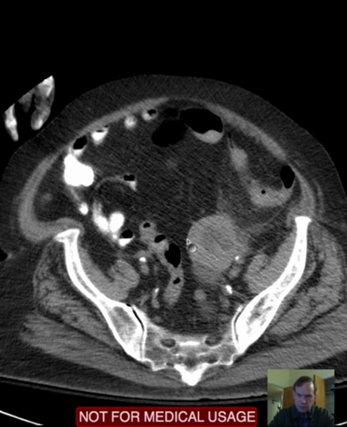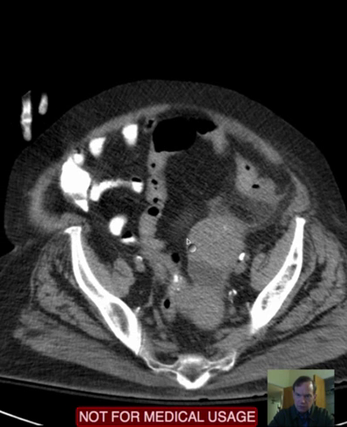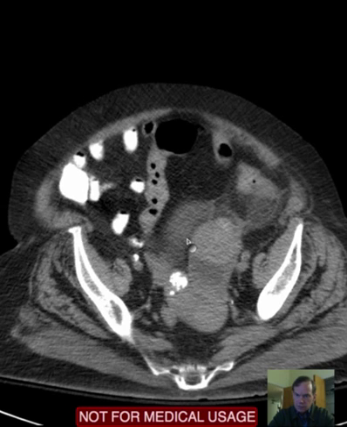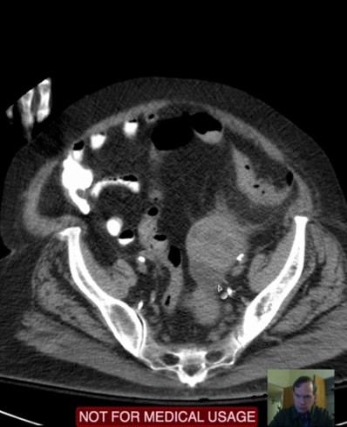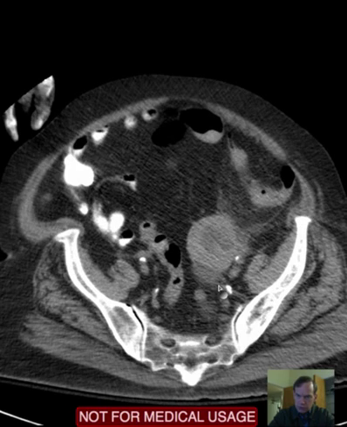This is a big fibroid extending off anteriorly. So this is uterus here. Here's a fibroid here that's calcified. Here's a big outgrowth of the uterus, which is a fibroid.